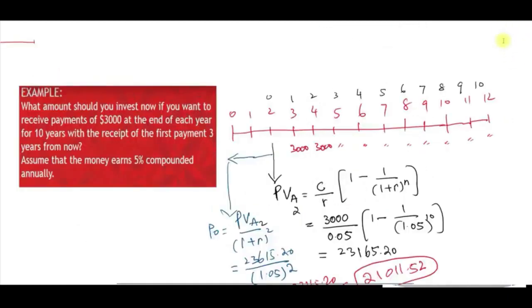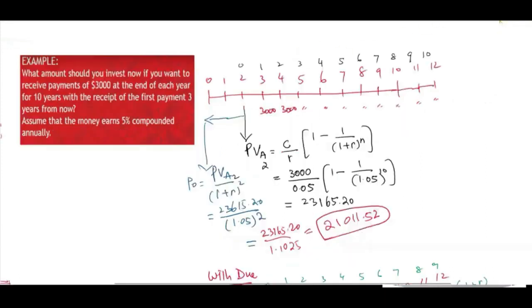First of all, you need to remember that we can solve a deferred annuity using ordinary as well as annuity due. So we can use both ways, and I will explain how.